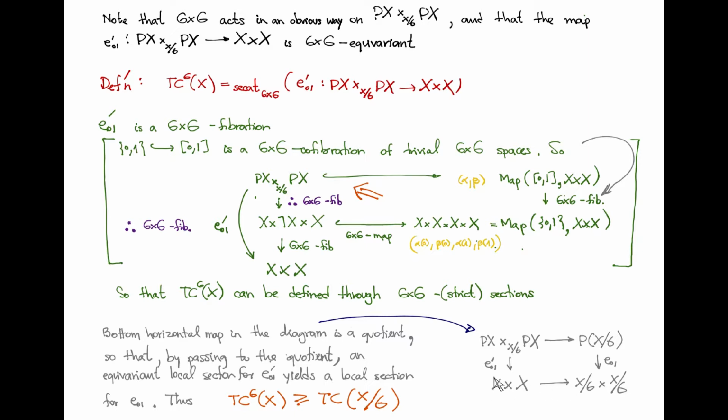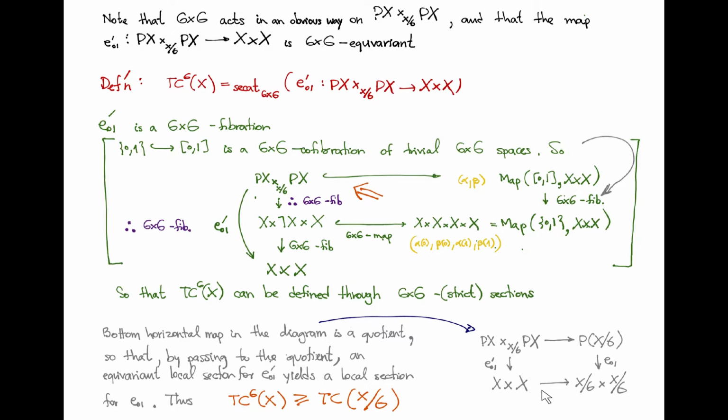And notice that one has two horizontal maps. This is just the Cartesian product of the two open maps here. These are quotient maps. And over here, if I have two paths that are shifted that way, when I pass to the orbit space, they are ensured to match together to produce a path here.